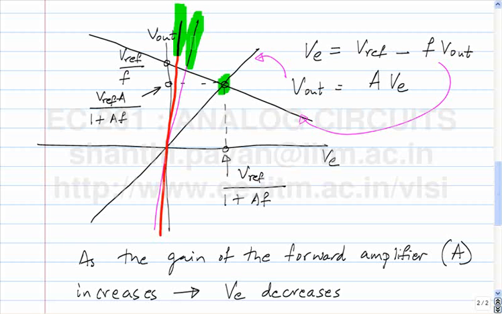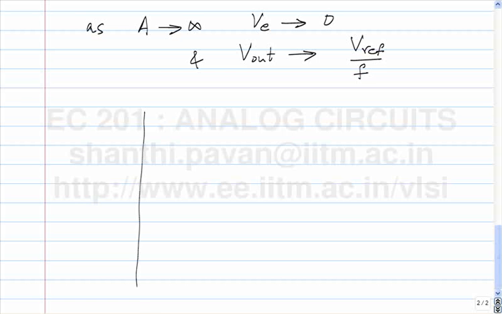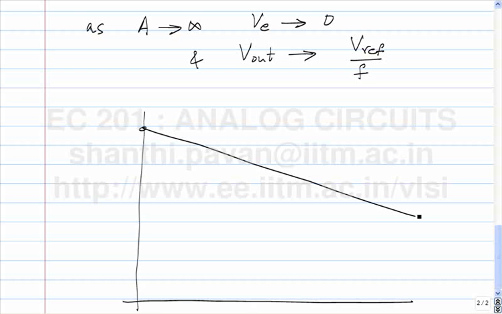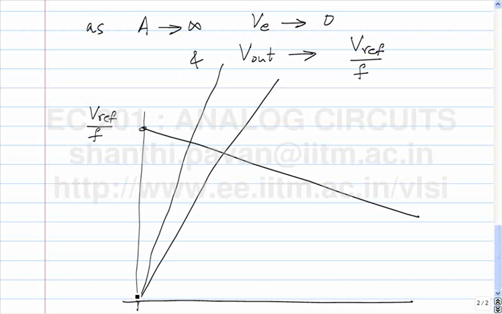So is that apparent, or is it not clear? Let me just plot the first quadrant. This is Vref by F. This was A1. Let me draw something else which has a larger slope, and a third one which has an even larger slope.